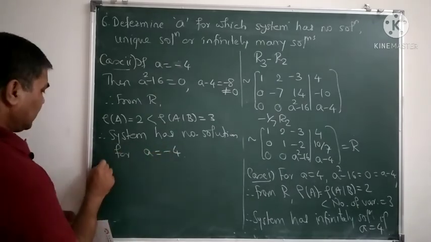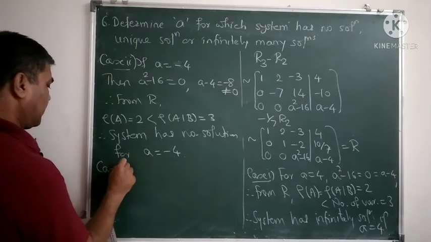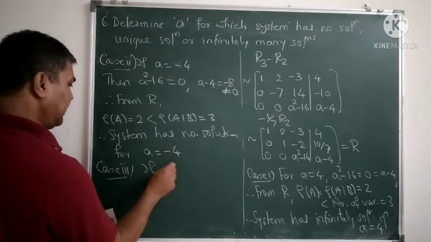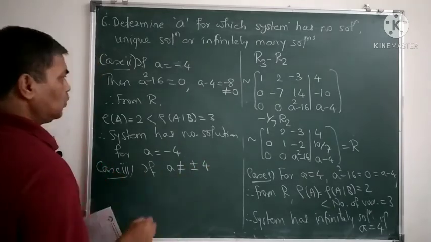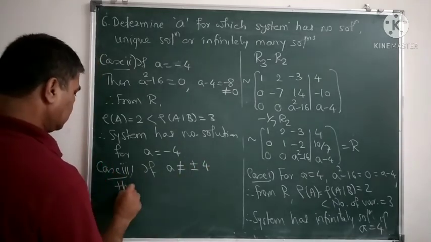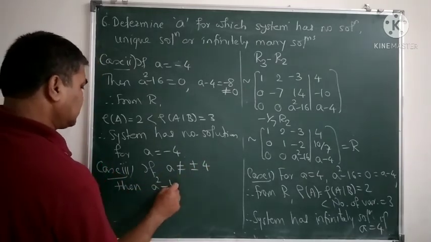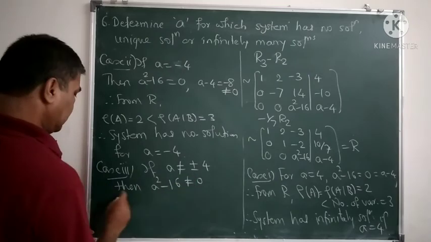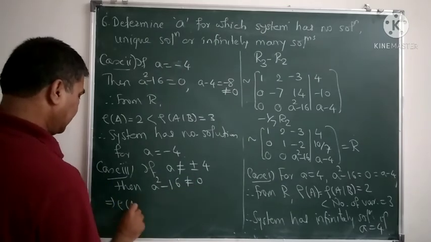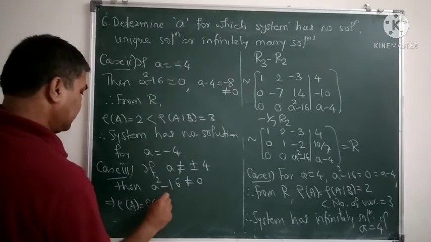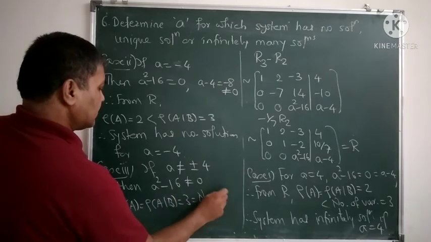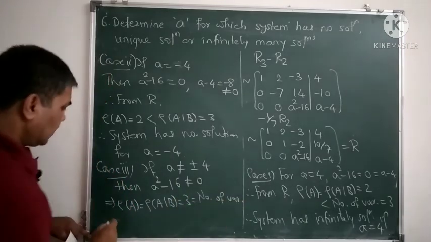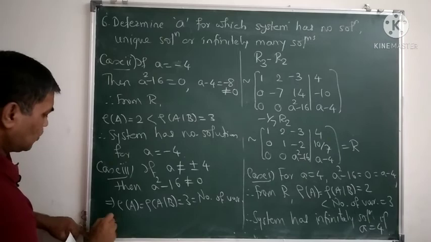Okay, case 3: if a is not equal to plus minus 4, then a square minus 16 is not 0, which implies rank A is equal to rank AB is equal to 3, which is equal to the number of variables, and therefore a unique solution.